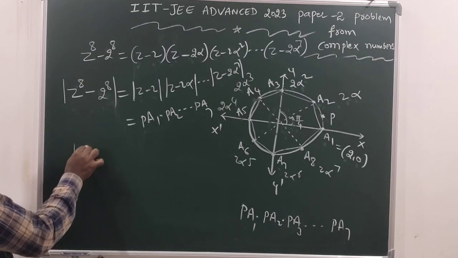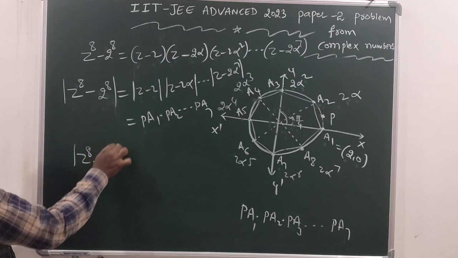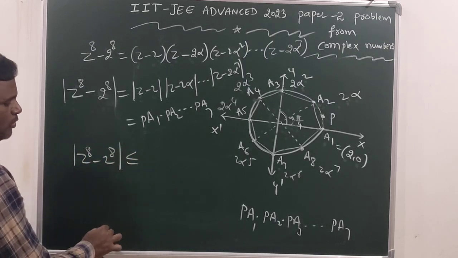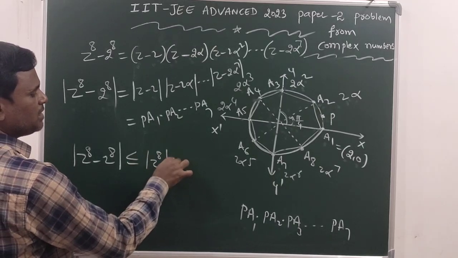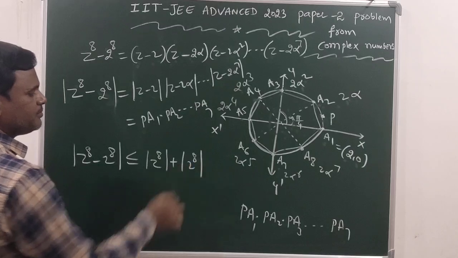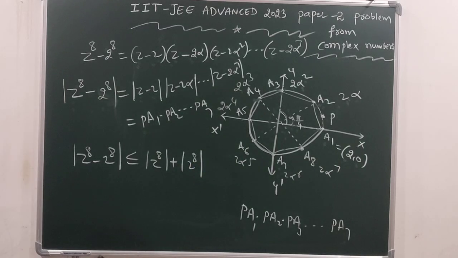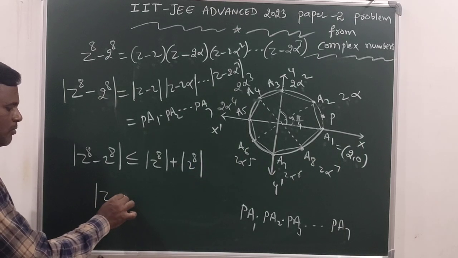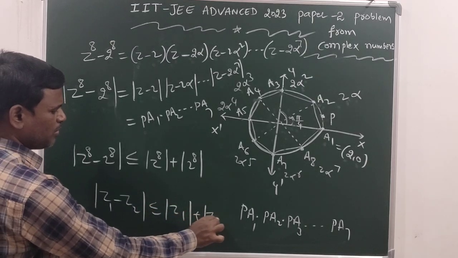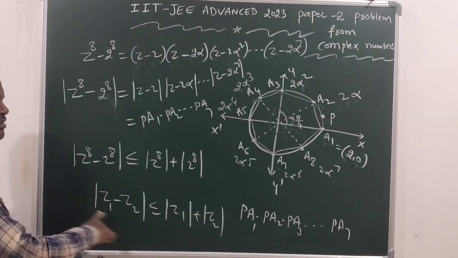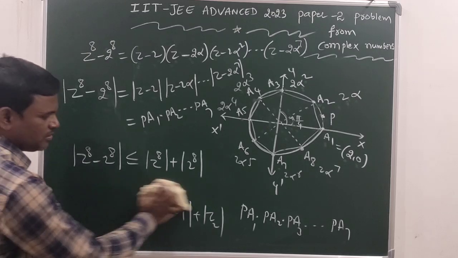So you know mod of Z power 8 minus 2 power 8 is less than or equal to mod Z power 8 plus mod 2 power 8. This you have read: mod of Z1 minus Z2 is less than or equal to mod Z1 plus mod Z2. I applied this formula for this.